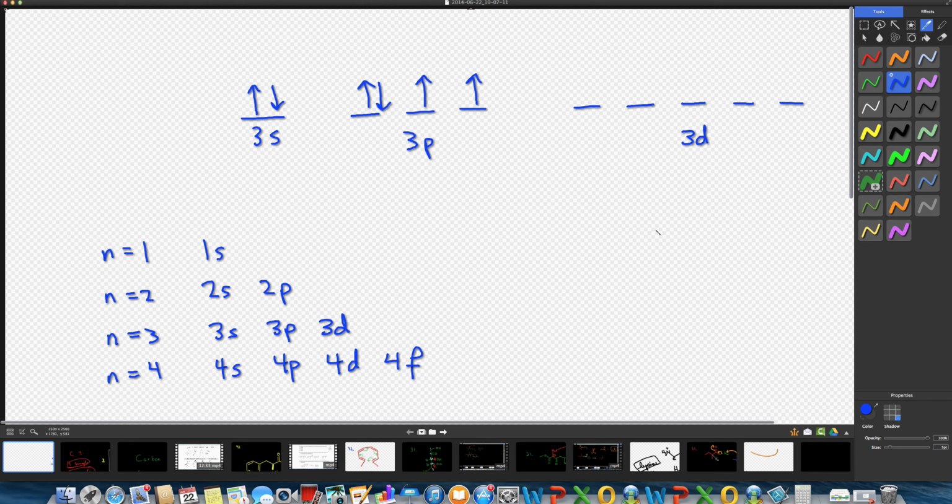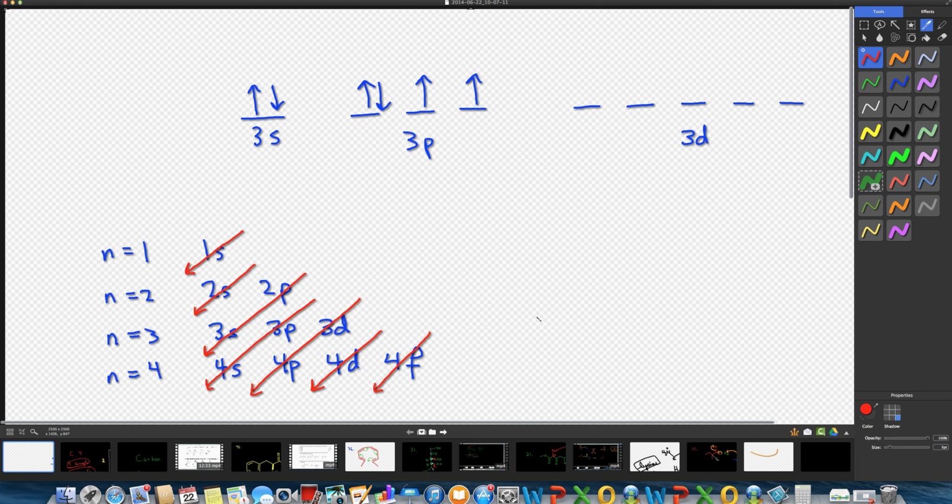This is about as far as we need to go in the periodic table. So what we can do now is do the order of filling. So you're going to draw a set of diagonal arrows where the tail is to the upper right and the head is to the lower left. And we're just going to follow tail to head, tail to head, tail to head, and we can begin to write these electron configurations.